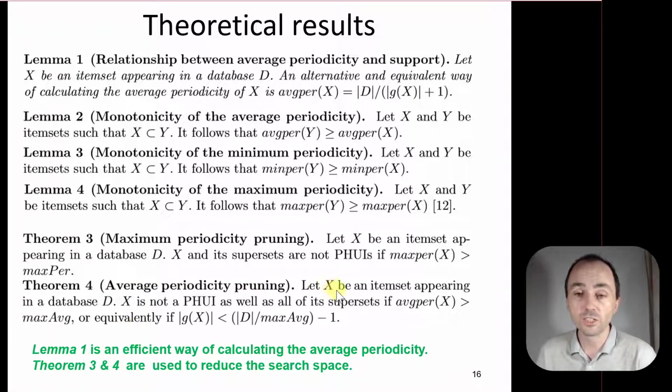If X is an item set that appears in a database, X is not periodic, and all the supersets of X, if the average is more than the maximum average. So this is a new theorem that will be used in the algorithm I will explain, to reduce the search and find the solution.